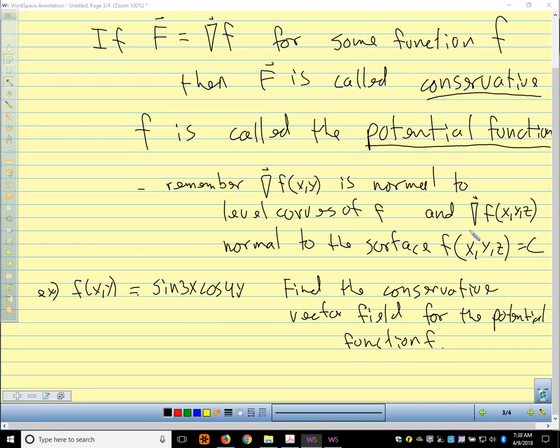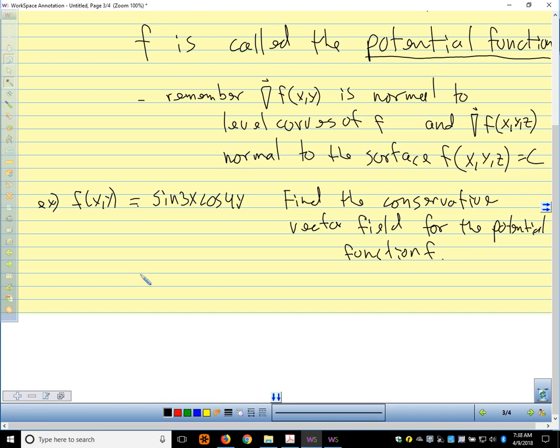What is this asking us to do? Yeah, we want to find del f. So it's just asking us to find the gradient. The gradient of a function gives us a conservative vector field with this particular function as the potential function.